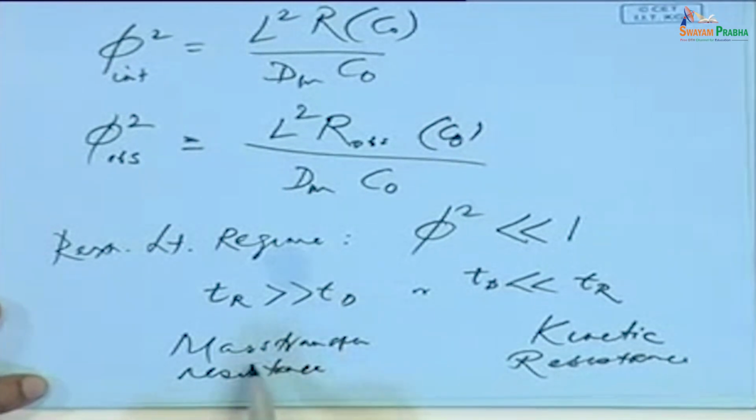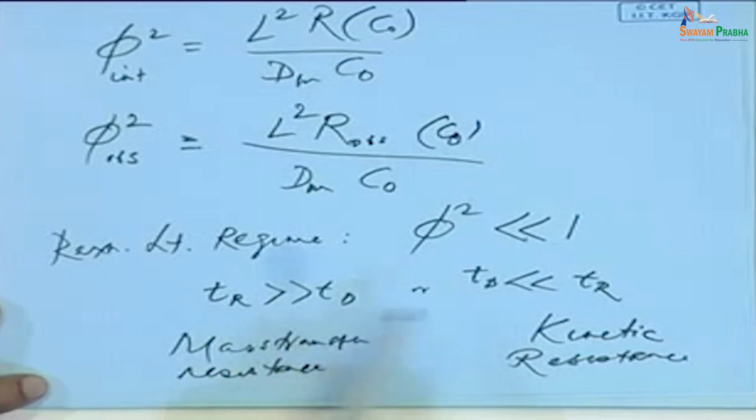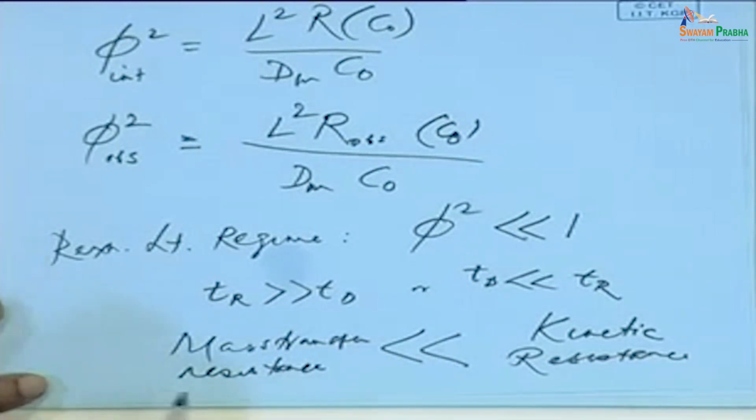So, mass transfer resistance is much lower. Why is that? Because mass transfer time is very small. So, if time is very small, then time is inversely proportional to resistance. So, if mass transfer time is very small, then mass transfer resistance is much lower. Okay. So, if mass transfer resistance is much lower, then what is the relationship between the observed reaction rate and the intrinsic reaction rate?